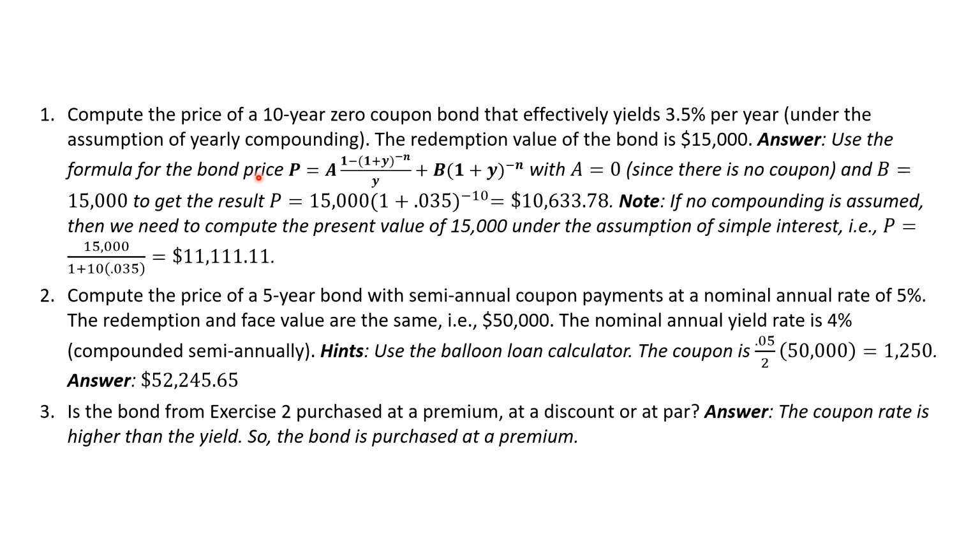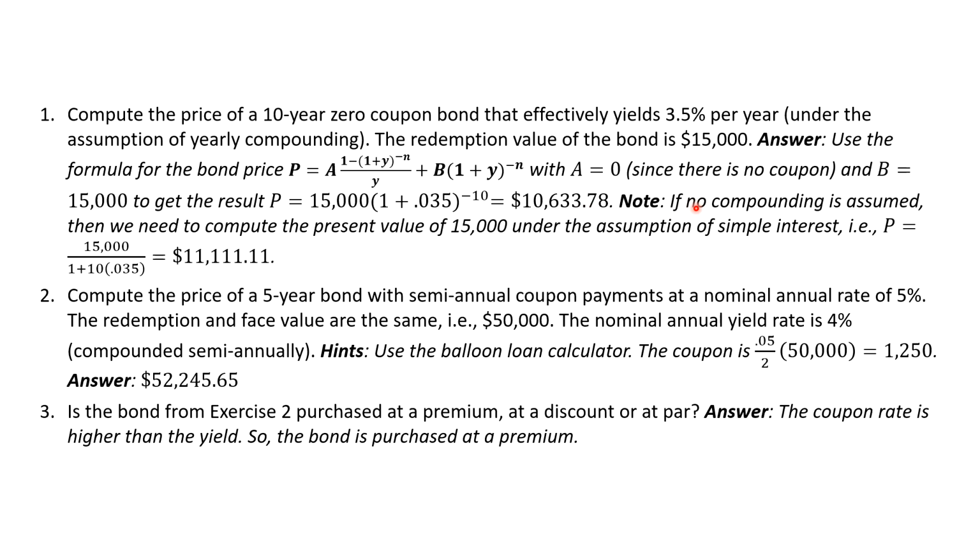We use the bond price formula here, but A is 0 since there's no coupon. It's a zero coupon bond, so this drops out. And B is 15,000, so we just plug those in, and we get 10,633.78.